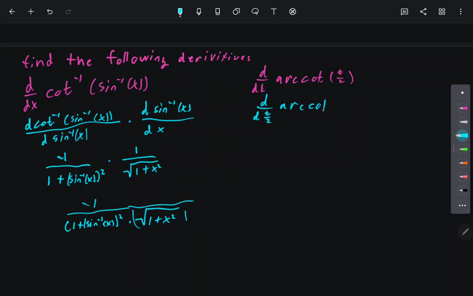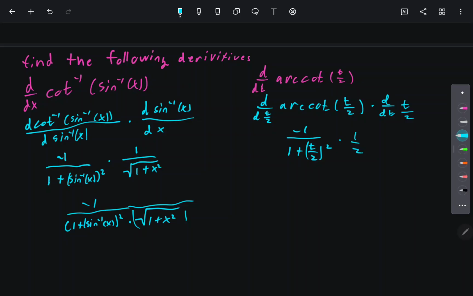The derivative of arc cotangent is negative 1 over 1 plus t over 2 squared, times the derivative of t over 2, which is just 1/2.